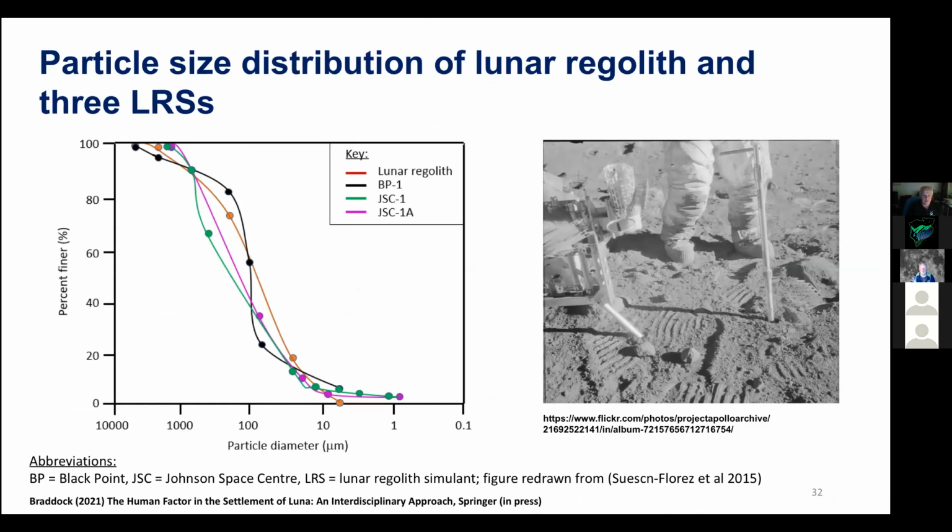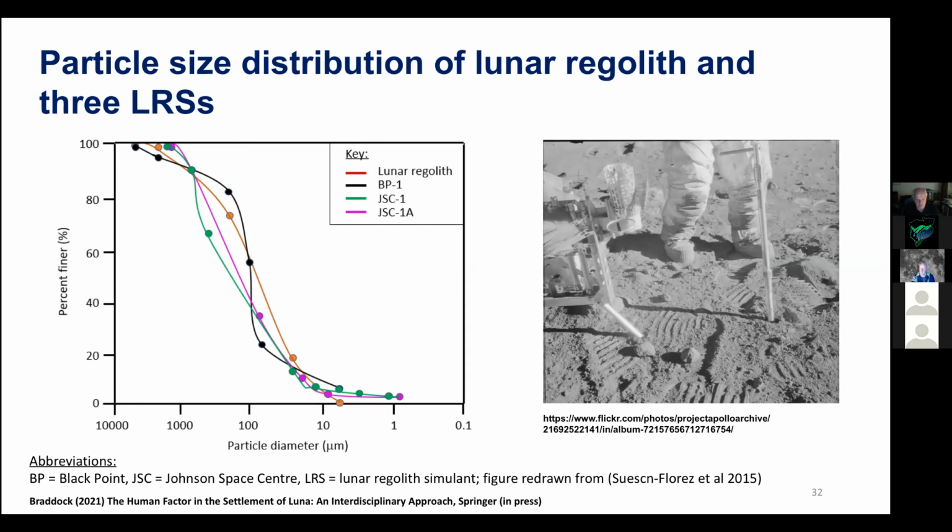So I want to move on a little bit now, and just describe to you elements of human health, because I think this is really important. So this figure on the left-hand side here looks at various simulants compared with authentic lunar regolith. And what we're looking at is the percentage of fines or finer and the particle diameter. And this is particularly important in the context of what we may breathe in or what may get into our eyes.